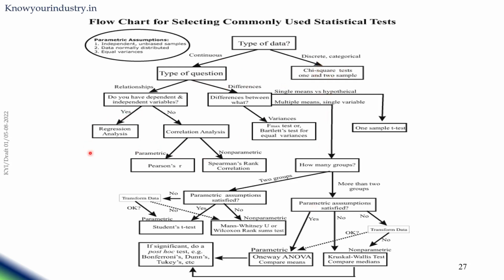It shows when to use correlation analysis, when to use regression analysis, when to use the student t-test, when to use the Mann-Whitney test, and when to use the one-way ANOVA. All of this is presented based on the data, the presentation of the data, and how many groups are involved. Everything is explained in this flowchart, based on which the particular statistical analysis will be selected and carried out for the data.